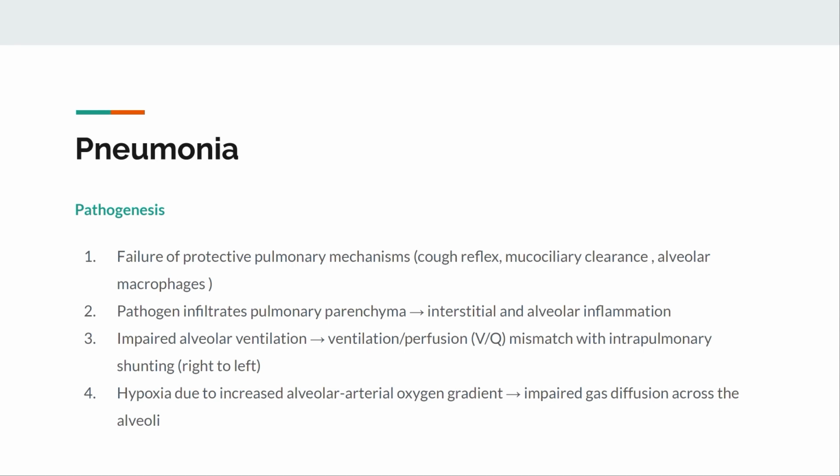And so this is caused by having that continued blood flow to the consolidated, poorly ventilated areas, resulting in passage of blood from the right heart to the left heart without oxygenation. So that's where that right to left shunt comes in. And that's going to lead to hypoxia, because like we said, that increased alveolar arterial oxygen gradient, and ultimately having impaired gas diffusion.